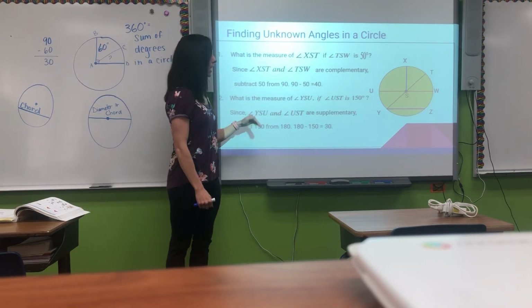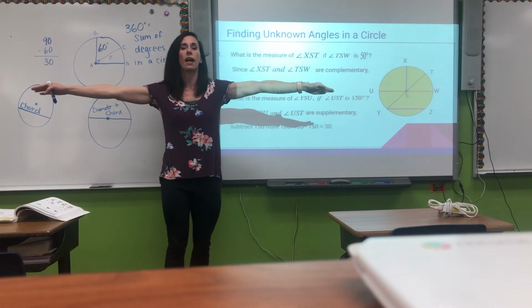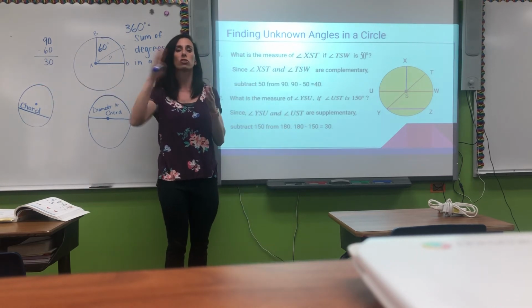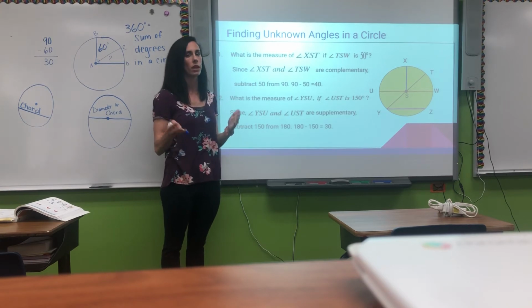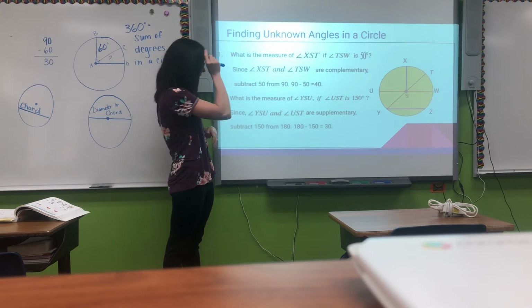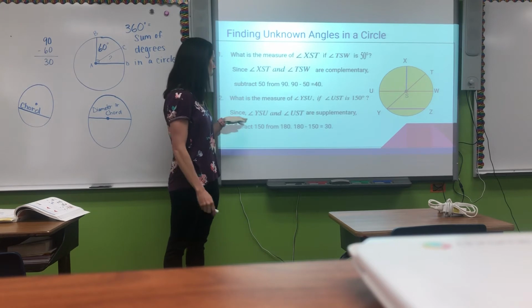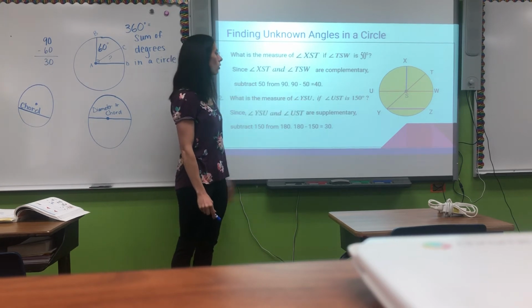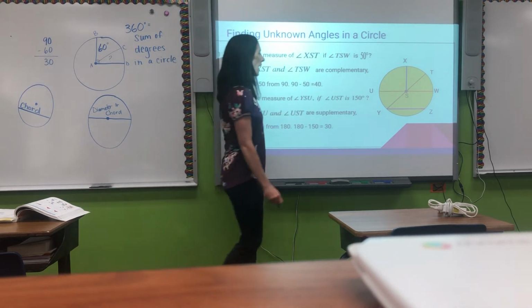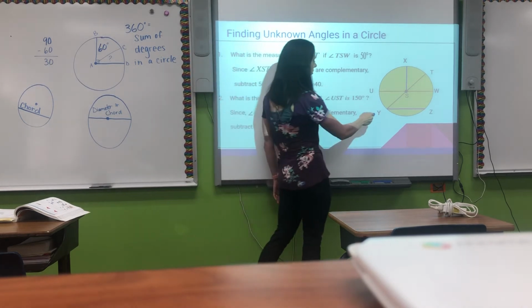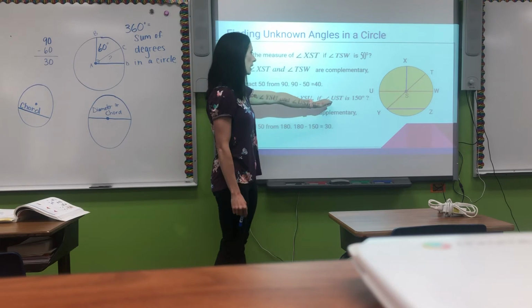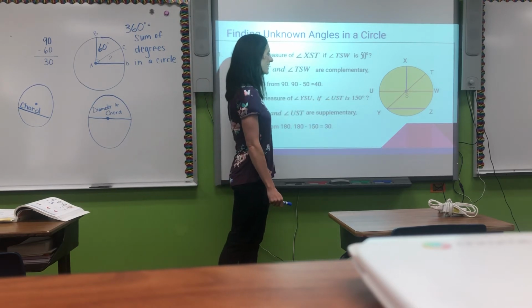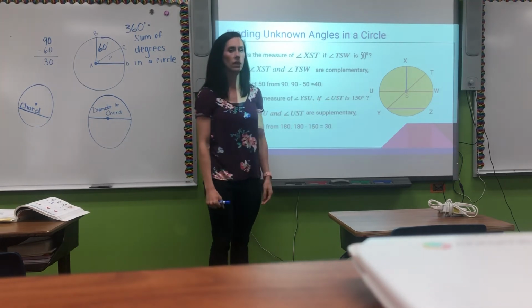So likewise, if there's a straight line and the angles fall in the straight line together, or you are told that they're supplementary, that means they add up to 180 degrees. So here they want to know what is YSU. So here's YSU if UST is 150 degrees.